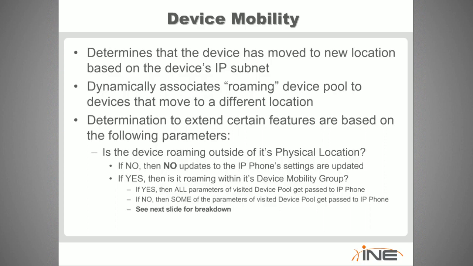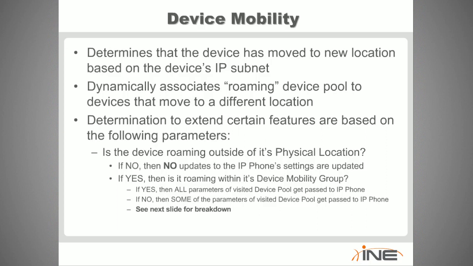If yes, if a subnet shows that we've not only moved to a new device pool, but the device pool also has a different physical location than its home physical location, then we ask one additional question. Is the device roaming within its device mobility group?